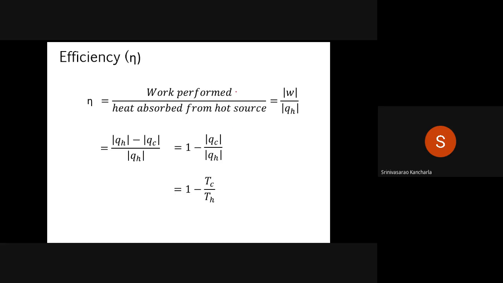So here, the work performed, we know that Q and W, in quantitative terms, are the same. The amount of work done will depend upon the energy supplied. The energy supplied will be the difference between the initial energy and final energy, meaning the hot source and cold source.